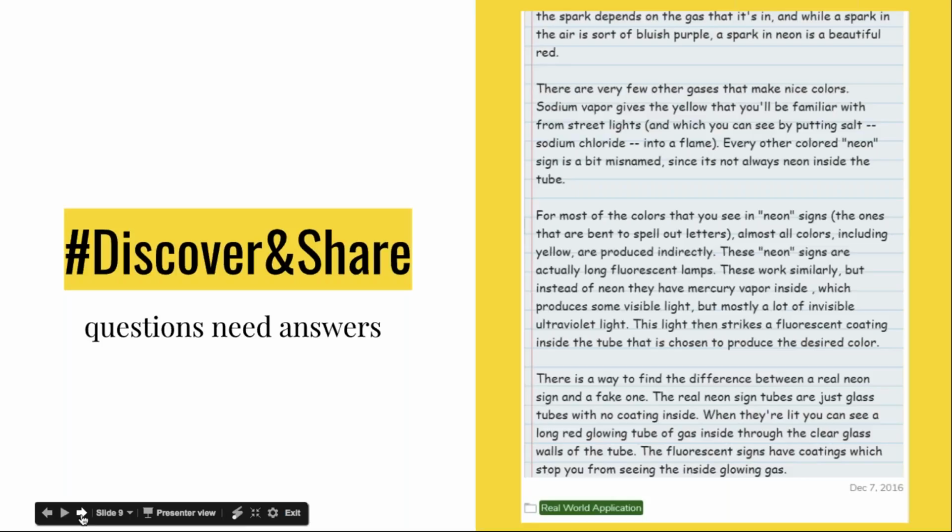This also helps students who want to organize a little bit better, because now a lot of things are going one-to-one, so they don't have a binder with clear tabs, and this is another way that they will have tabs so they can keep track of their work. But questions need answers, and I'm always about discovering, and kids want to share things, and there's only so much time in the day. This is a great opportunity for kids who don't speak normally or who do want to share a lot to put it out there for their peers.